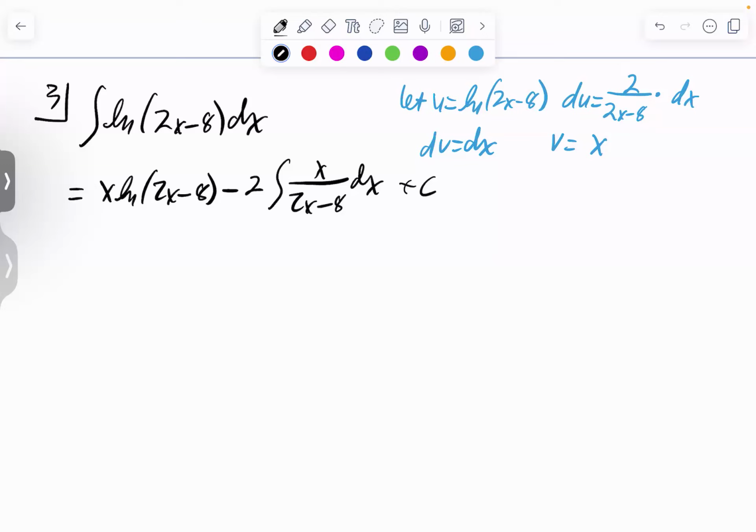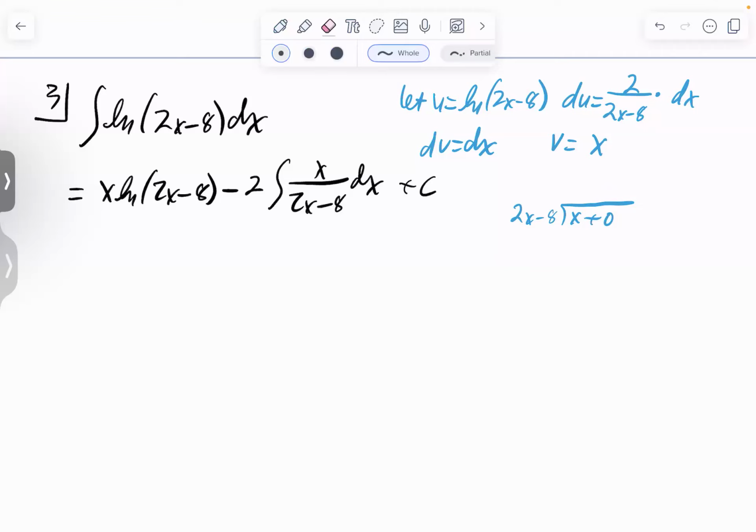Now we're going to run into a slight snag here. I'm going to do my work off to the side here. I'm actually going to do some long division to see what I get. I need something times 2x to give me x.